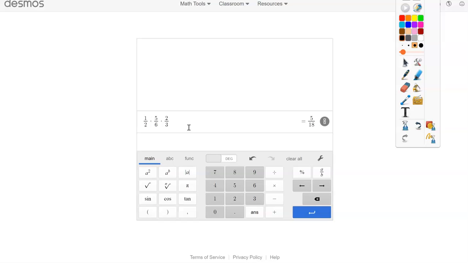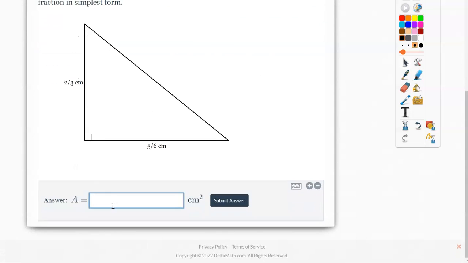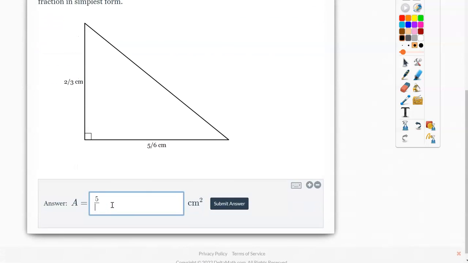So we initially multiplied here and got 1 times 5 is 5, 5 times 2 is 10, and 2 times 6 is 12, 12 times 3 is 36. And when we divided by our GCF of 2, we got 5/18 down here in the answer box.